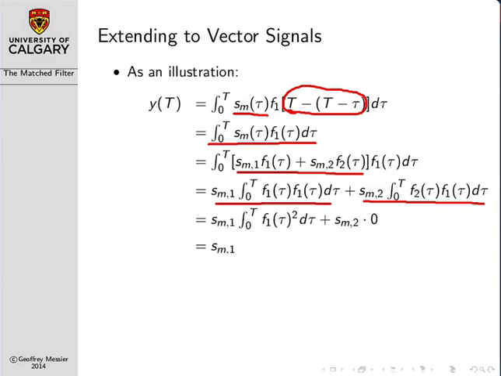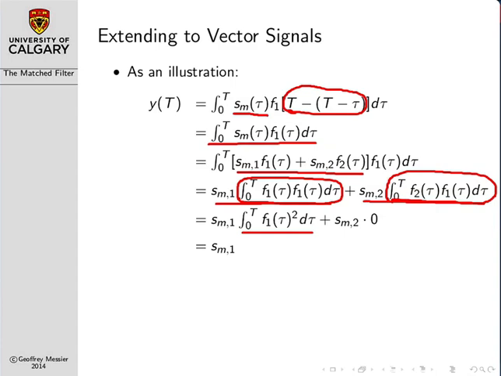Now, this is where the orthonormal property of the basis function signal set really comes in handy. So take a look at this first integral here. We have f1 of t multiplied by itself. The integral of f1 of t squared is always equal to 1, right? Because we've normalized our basis function signals to have unit energy. Over here, we have the integral of f1 of t multiplied by f2 of t. All the signals in our basis function set are guaranteed to be orthogonal.